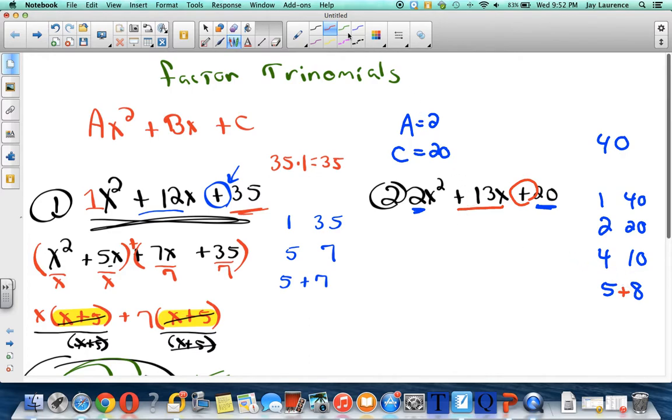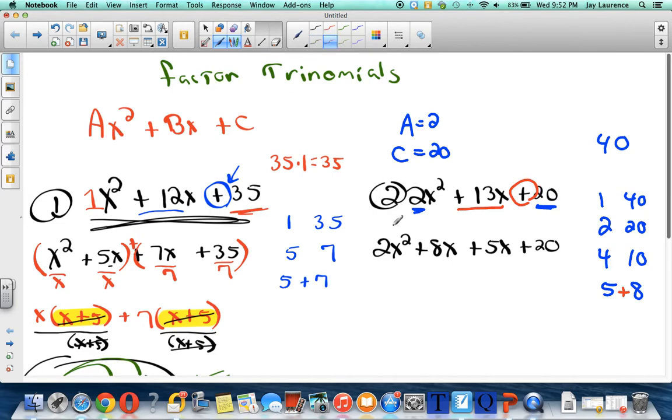So now I rewrite my trinomial as a polynomial with 4 terms. So I have a 2x squared. I rewrite the 13x. I think I'm going to put the 8x first because I like matching the 8x with the 2x squared. And then the 5x plus 20.